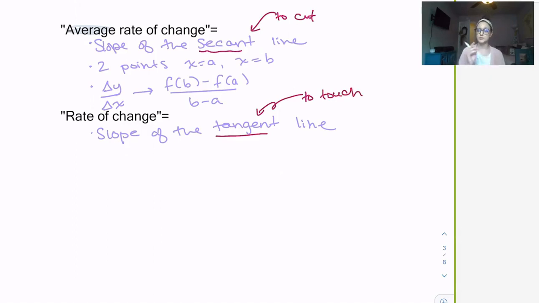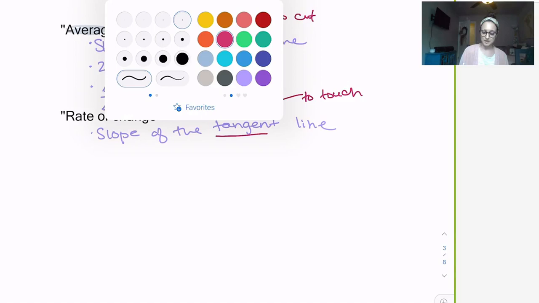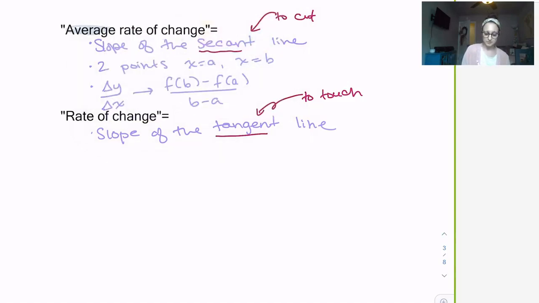It could intersect at others, but we're looking at one particular point where if I zoom in enough, again, that point starts to look like a linear function, and that linear function, or that line, is what we're trying to draw, okay? So this instantaneous rate of change occurs at 1 point, okay?